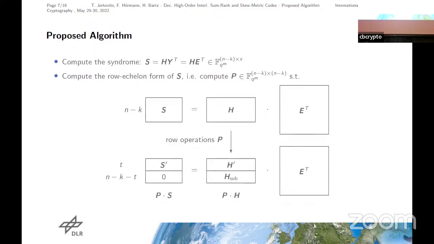And on the right side, we can also split the P times H matrix into an upper block and a lower block. The lower block, which corresponds to the zeros in P times S, we call H sub. And this matrix we need now to proceed.